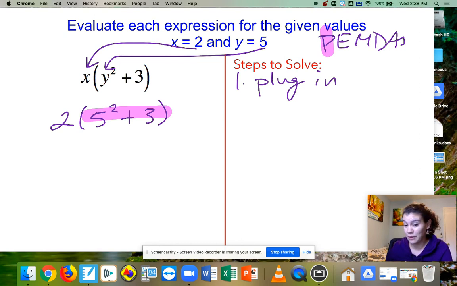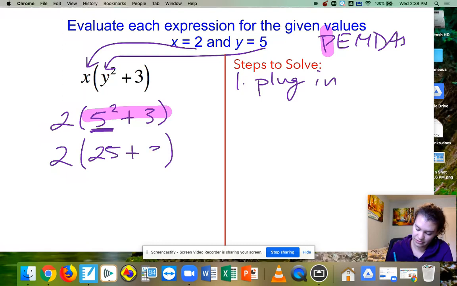So then inside the parentheses, you still need to do order of operations. So this is going to drop down. We can bring the 2. I need to do this first because it's an exponent. So we get 25 plus 3. So we did our parentheses.